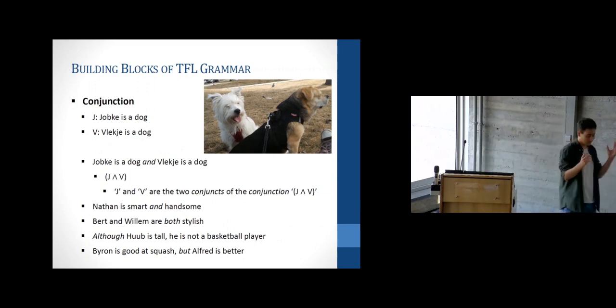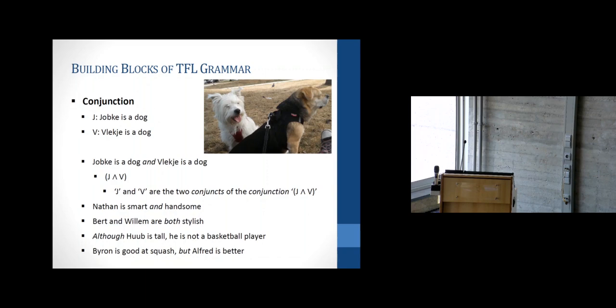And conjunction can come in English in many words, not only and is the most obvious one. So Nathan is smart and handsome. That's an example of conjunction. But I can also say Bert and Willem are both stylish. Okay, that's kind of tricky. I mean, I'm saying Bert is stylish and Willem is stylish.